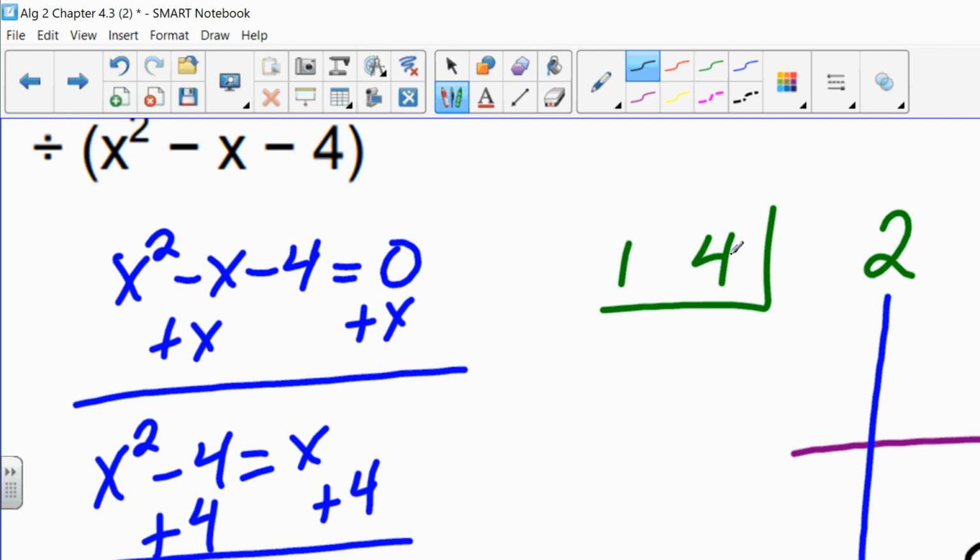Now we do it again, but now we're multiplying with? So we do 1 times negative 4 is? 4 times negative 4 is? Negative 16. Add straight down. 10 plus negative 4 is? 10 plus negative 16 is?